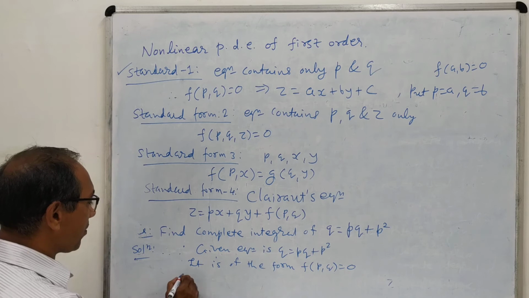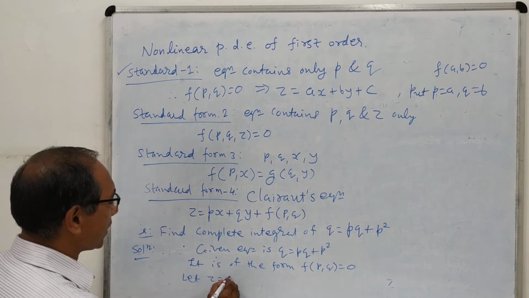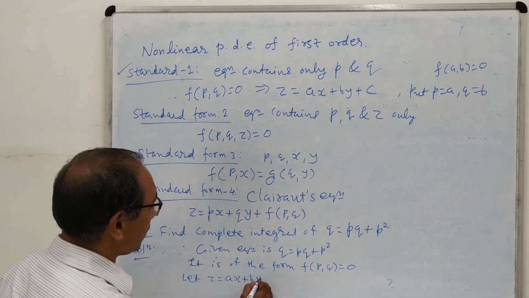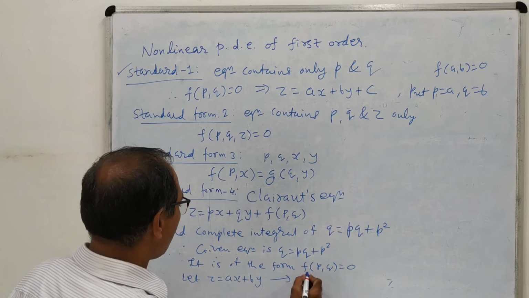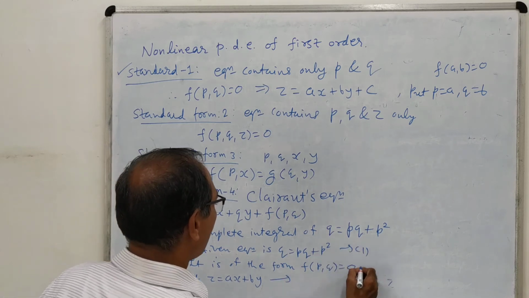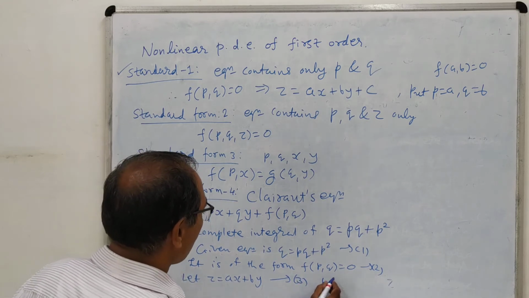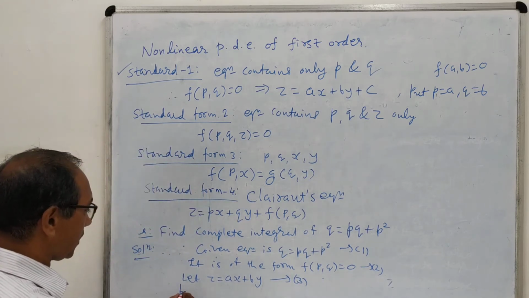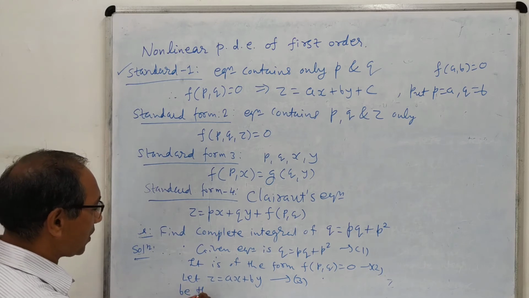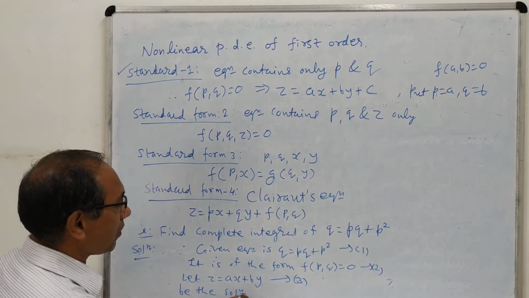Then we will assume that z equal to ax plus by, be the solution of 1. You can also give it as equation number 1, 2, 3.